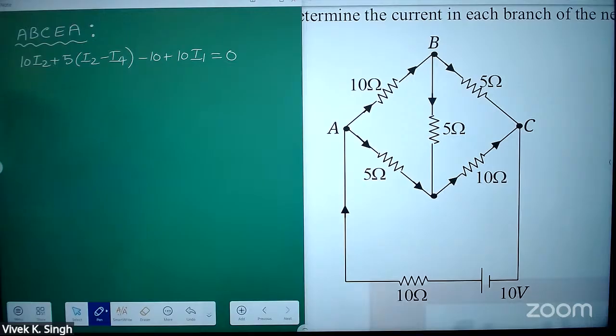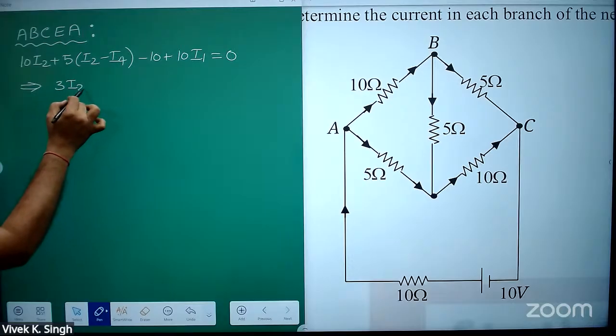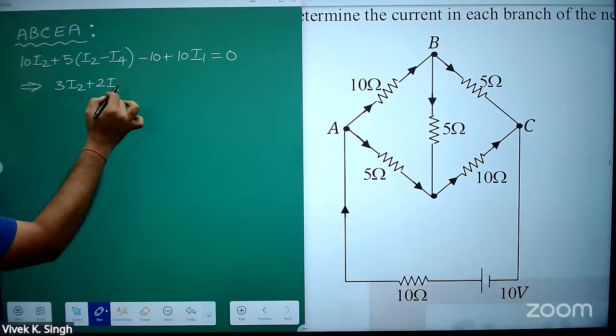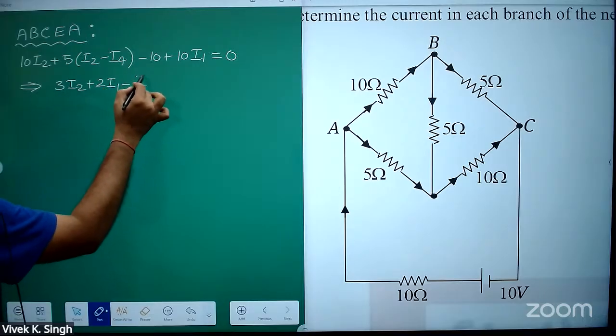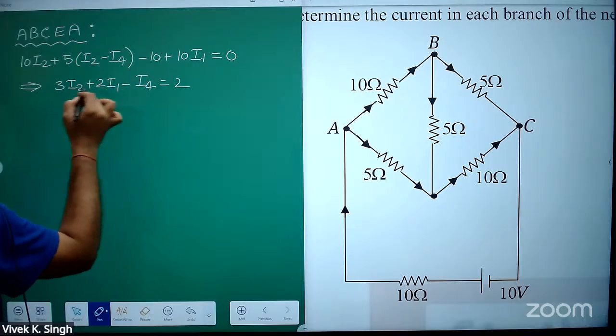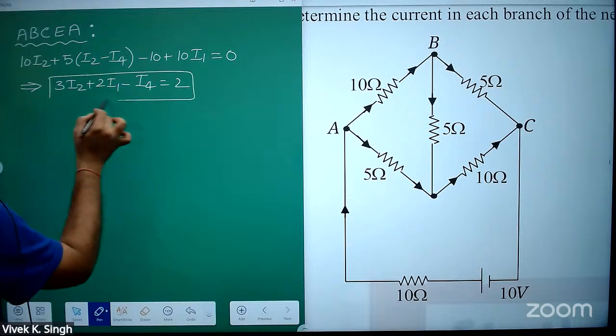And if you simplify, you will get 3 I2 plus 2 I1 minus I4 is equal to 2. So this will be equation 3.